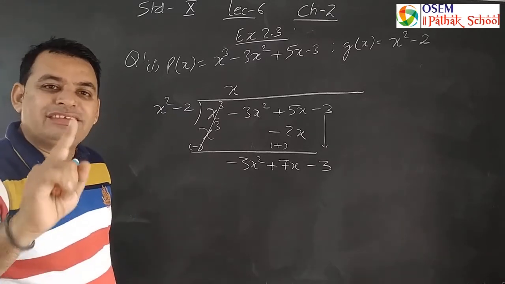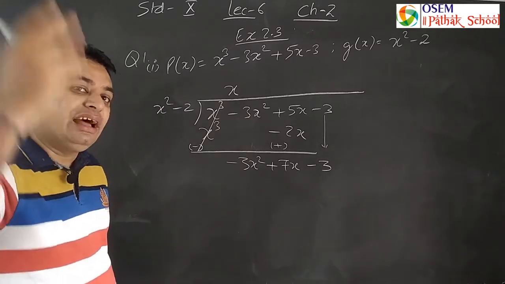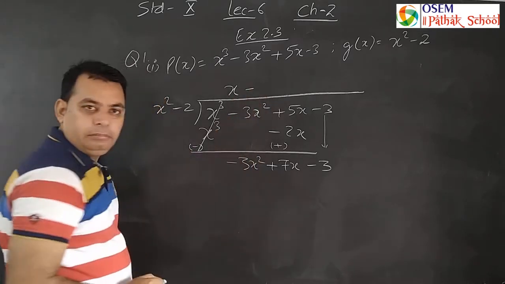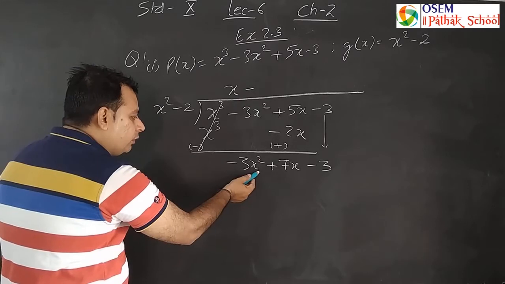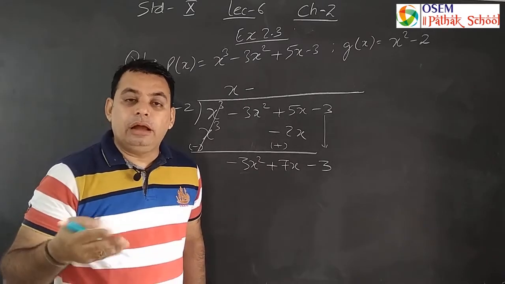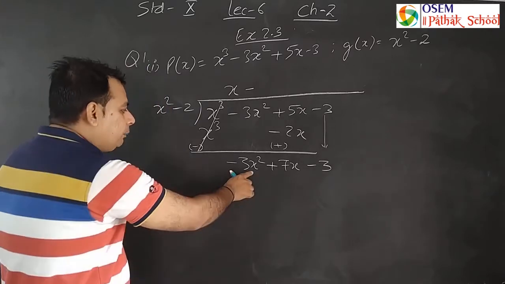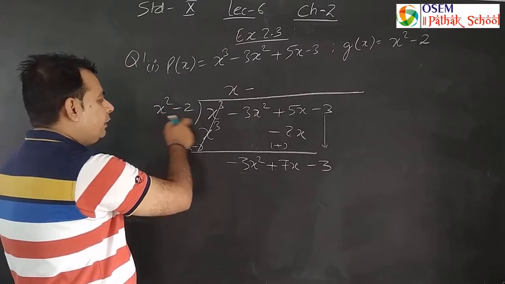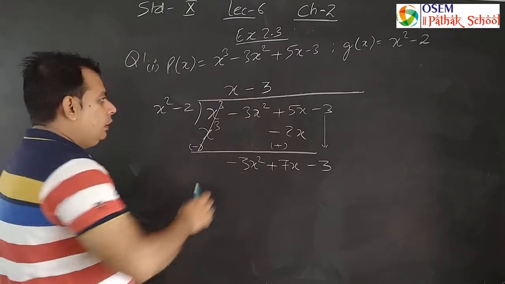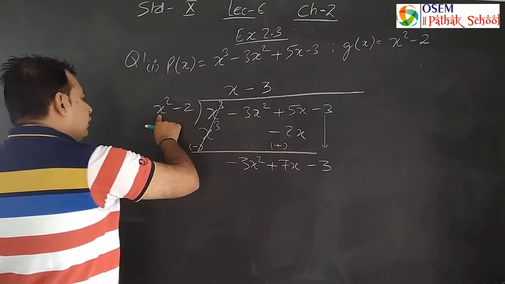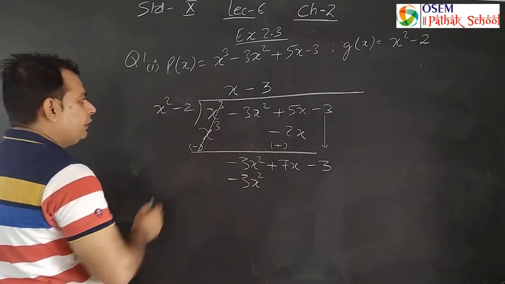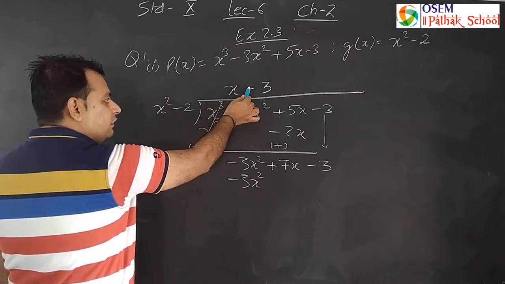Now, whatever the sign of the first term, we put in the answer part. What is the sign over here? Minus. We put minus. Now you have the first term 3x square, and here is x square. So which number is left? Here is 3x square, here is x square, so we are taking minus 3. Minus 3 into x square is minus 3x square, and minus 3 into minus 2 is plus 6. The minus becomes plus, the plus becomes minus.